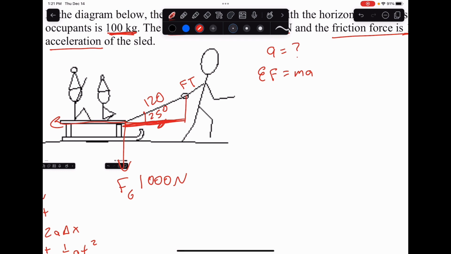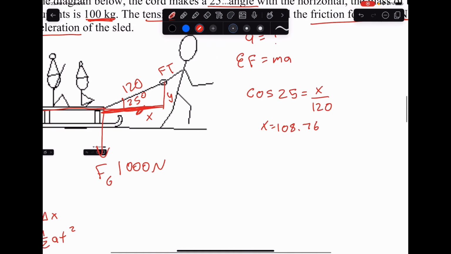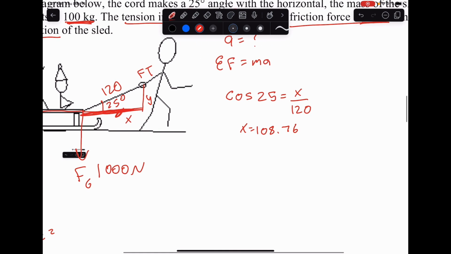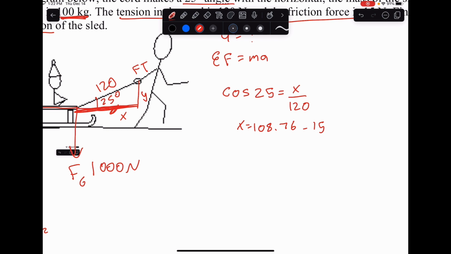So we kind of have everything we need here. So we're just going to call this x and this y. So cosine of 25 equals x over 120. Now let's plug that in. So this number x equals 108.76. So let's take that number, which is going to be the force going that way, subtract it by 15.